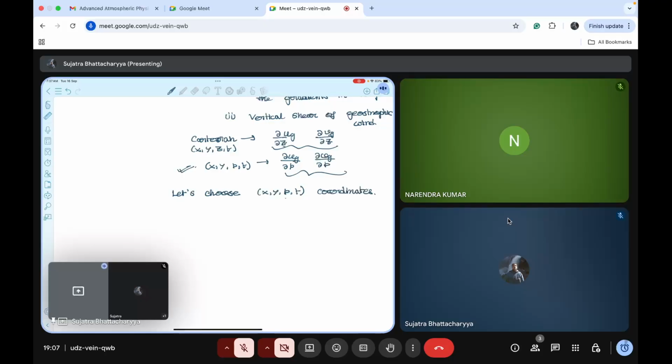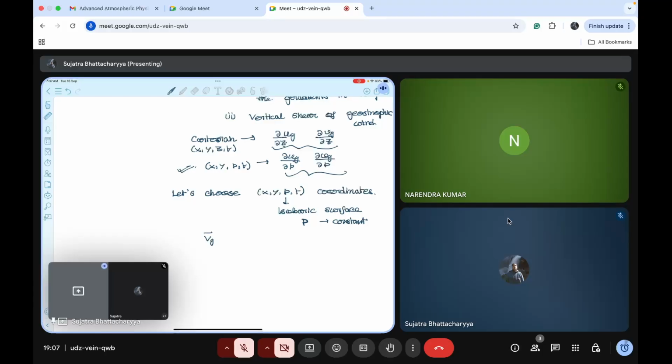Remember, we will choose an isobaric surface. When you are using p, it is constant, right? Okay, forget about that.